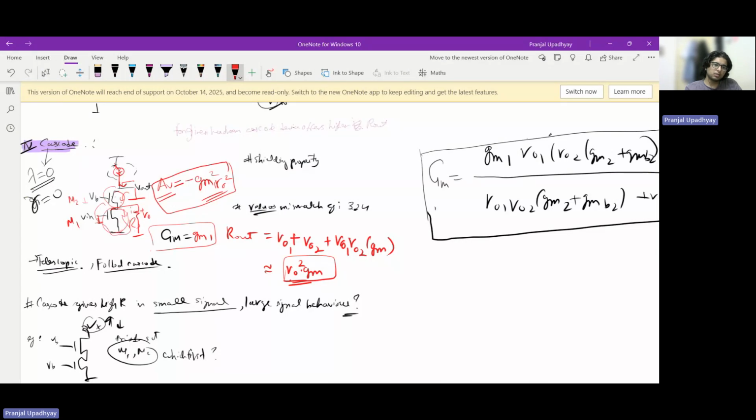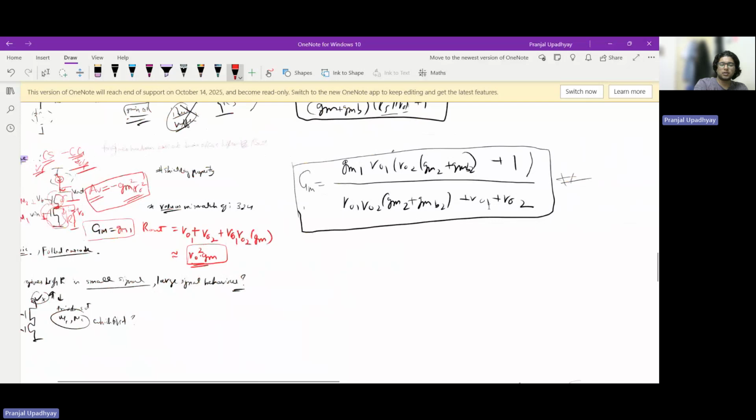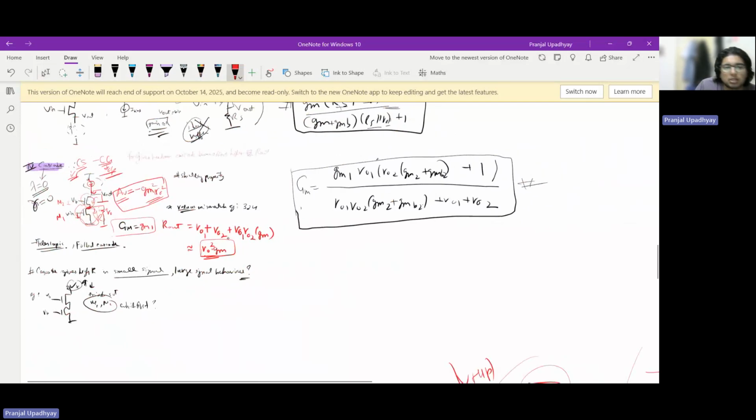This device is working as a common source, so the input device is common source, and for the other device, the input is at the source and output is at the drain. So the output stage is common gate, right? So this is the basic idea about the cascode. And yes, you always have the general equation that you are free to derive, but this kind of method gives us a better approximation and intuition.